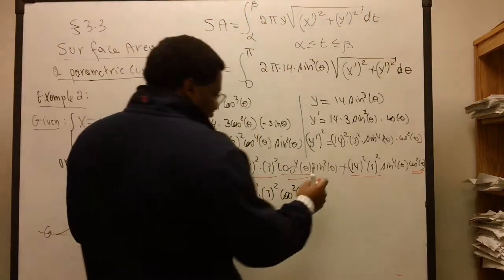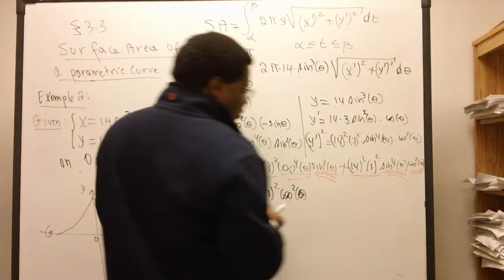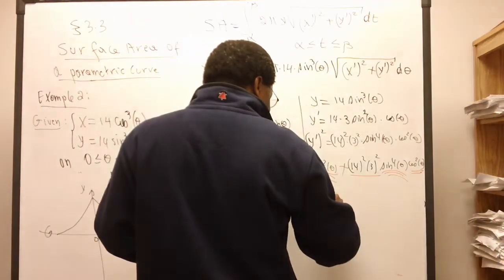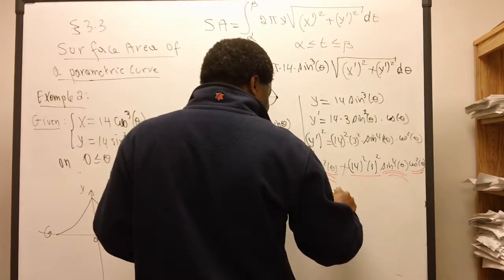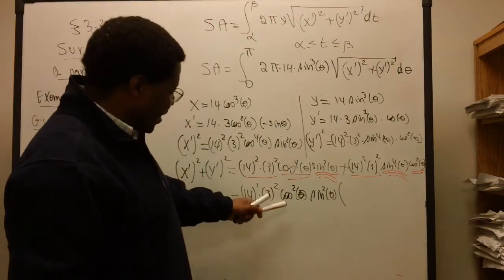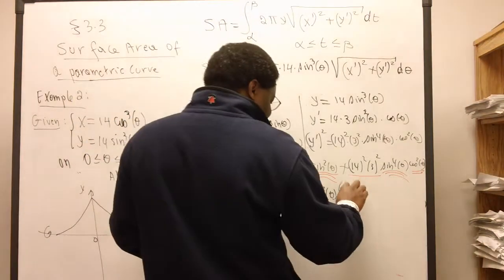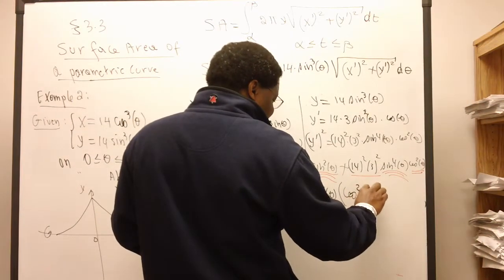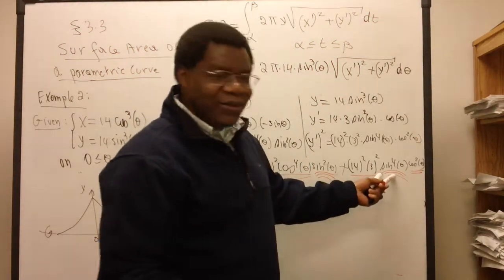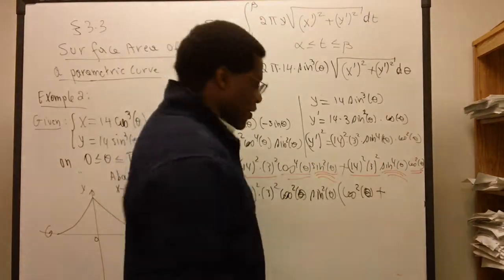And then for sine, I have sine squared, and then sine to the fourth, so I can factor out one sine squared. Then, after taking out cosine squared, I'm going to have one cosine squared left, and then plus. And then here, since I took sine squared out, I'll have another sine squared left.